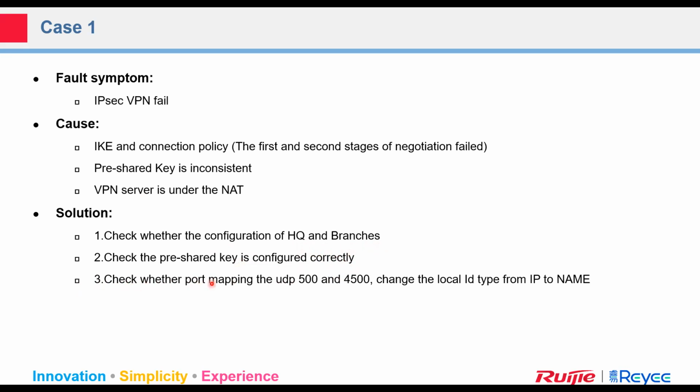And C, in order to make sure that the VPN works under NAT, make sure that the port mapping for UDP 500 and 4500 is done, and the local ID can be changed from IP to name. So these are the solutions that we can use if the IPsec VPN fails.